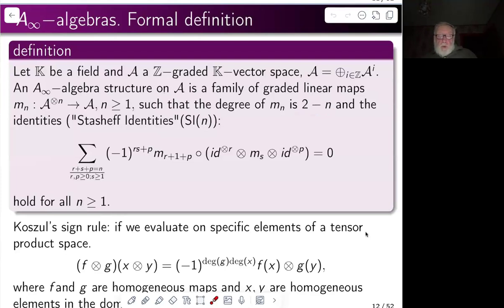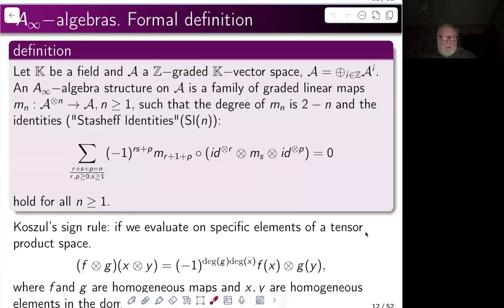And also you have the so-called Stasheff identity, SI of degree n. This Stasheff identity is that the alternating sum of compositions of these linear maps, tensor product with identity, tensor degrees r and tensor degree p, with this choice of indices, is equal to 0.